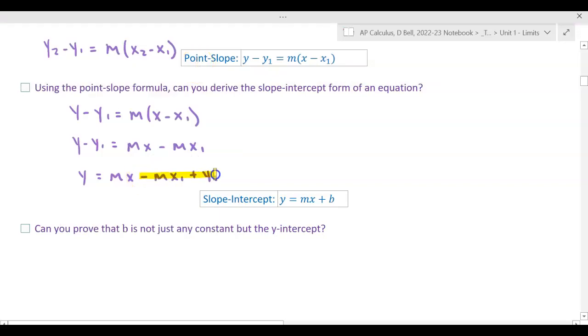And this portion, m times x1 plus y1, that's just a constant. And it happens to be the y-intercept, which is commonly named b.